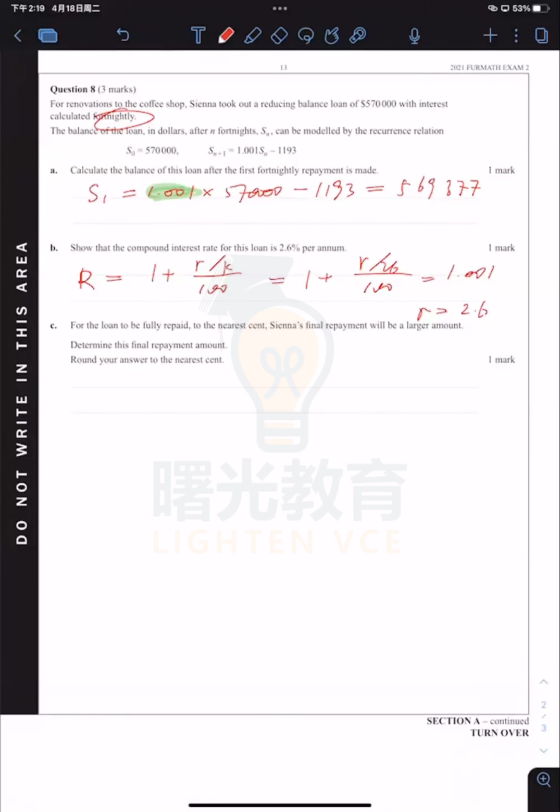C part. For the loan to be fully repaid to the nearest cent, Sienna's final repayment will be a larger amount. Determine this final repayment amount. Round your answer to the nearest cent.